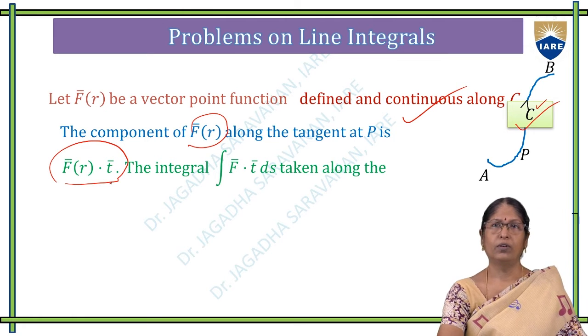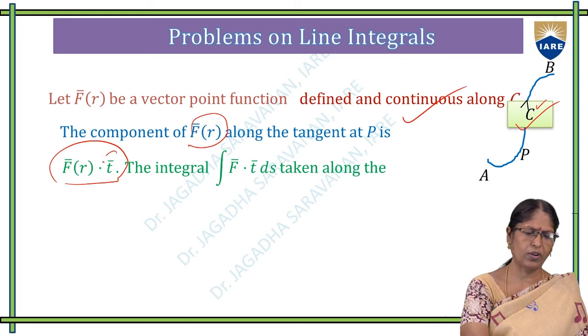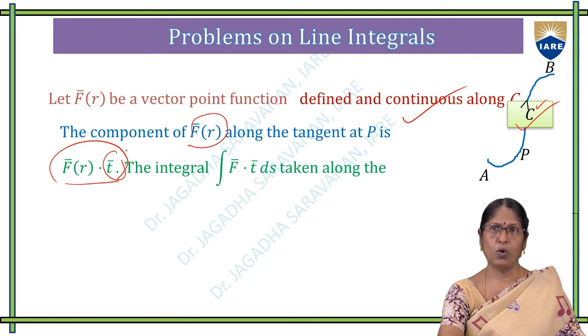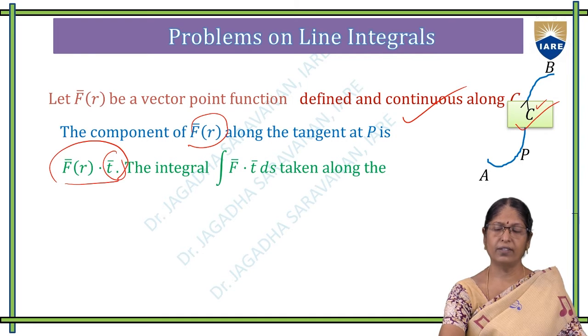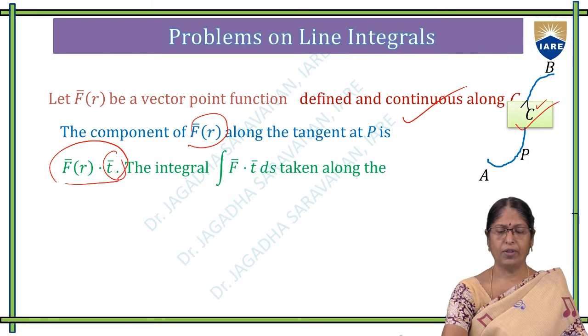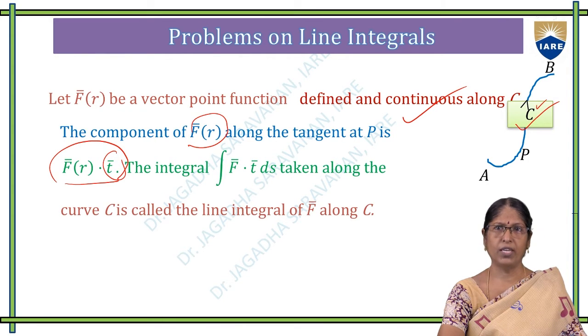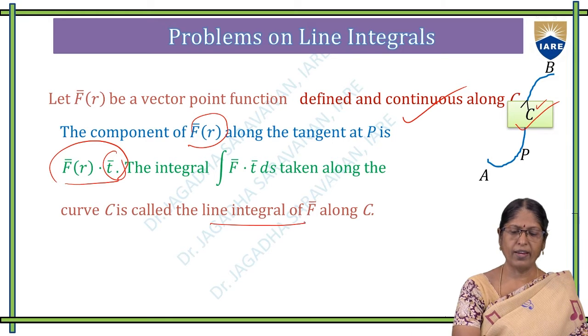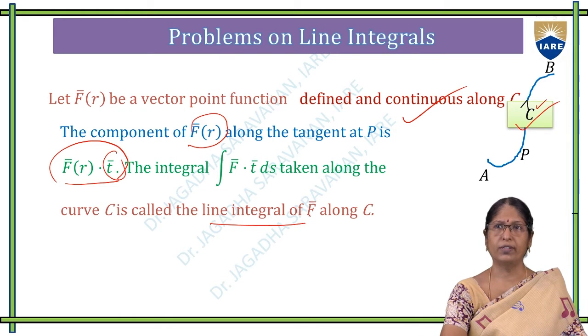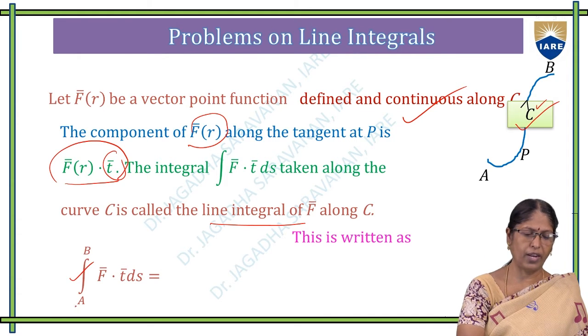and the t vector. This t vector is nothing but the ratio of r vector, dr by ds. That is, ds is nothing but the length of the arc. Now the integral of the dot product f dot t ds taken along the curve C is called the line integral of f along C. We can write this as integral from a to b.